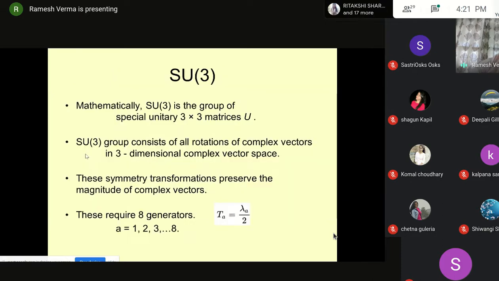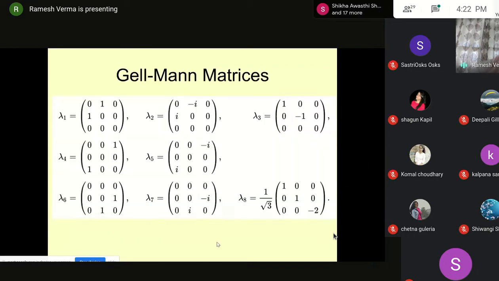So the generators of SU3 transformations, that is T_A, similar to S, which we write as half sigma Pauli matrices, here we write the SU3 generators as half into lambda A. Lambda A is the standard set of eight matrices, which are known as Gell-Mann matrices.